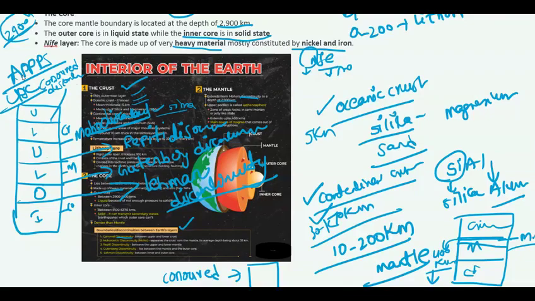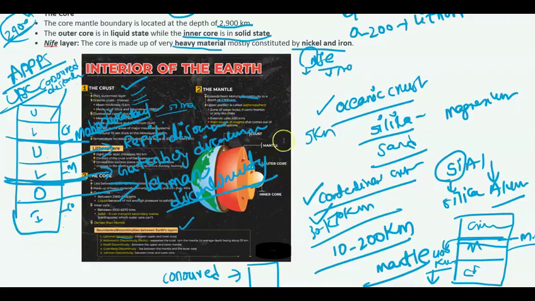And between the inner and outer core, there is the Lehmann discontinuity. Moho, Gutenberg and Lehmann discontinuities are very important.